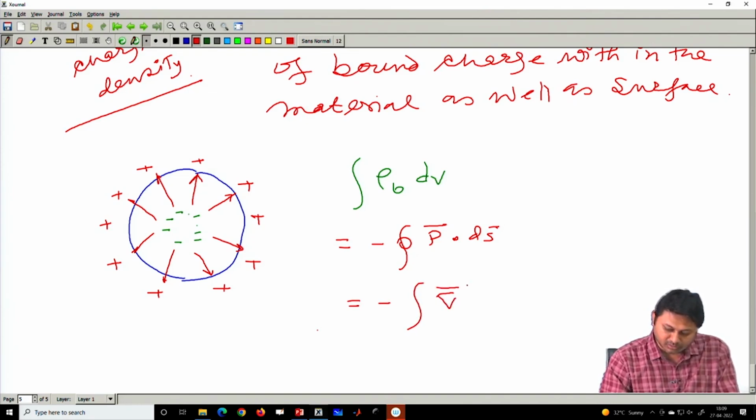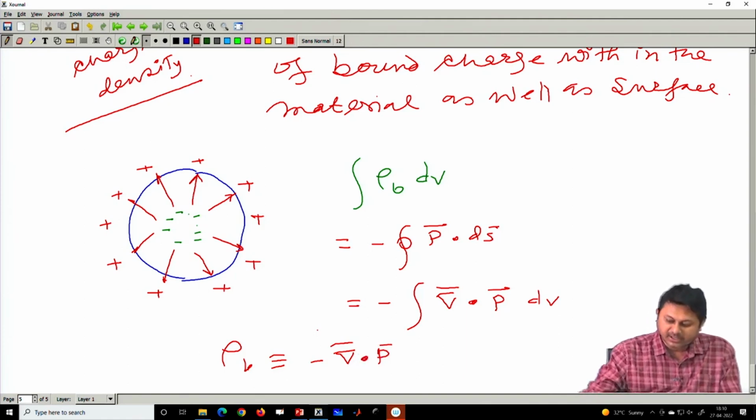According to the integral law, we have a closed surface integral, which should be equal to the volume integral, Gauss's law, and from that we have that rho b is equivalent to minus divergence of P. So, let me write properly.